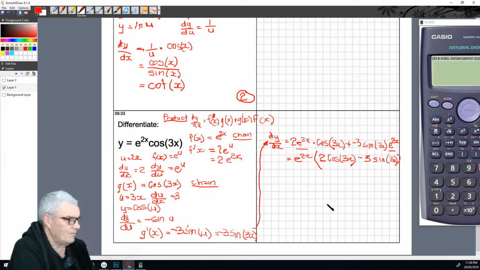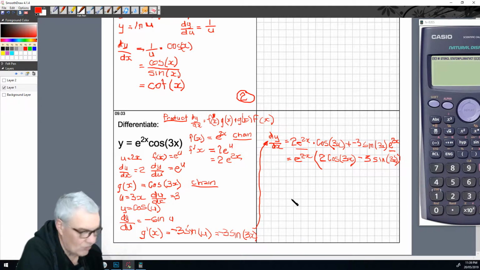Okay, and that is the answer. e to the 2x bracket 2 cos 3x minus 3 sine 3x.